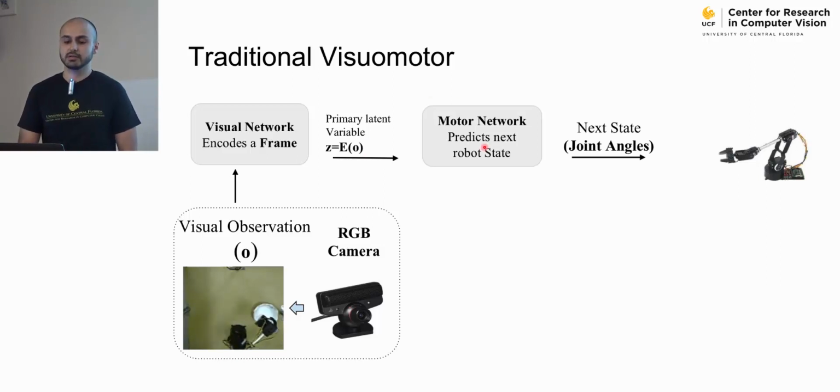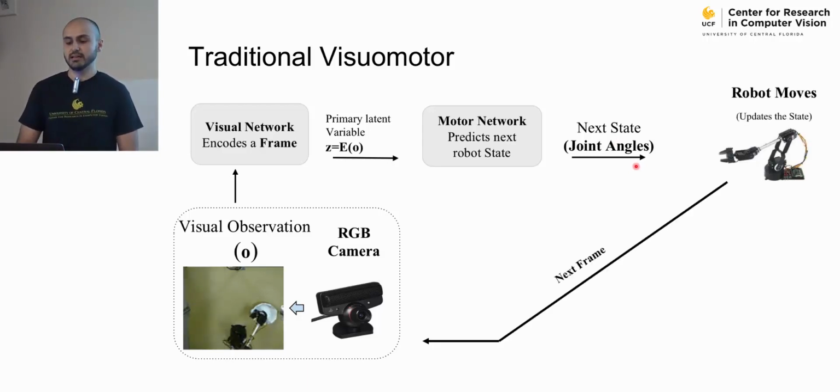Then a motor network can take the variable Z and predict the next state of the robot as a vector of joint angles. And then we move the robot using A, update the states, and we capture the next frame, and we keep doing this cycle till we finish doing the task.